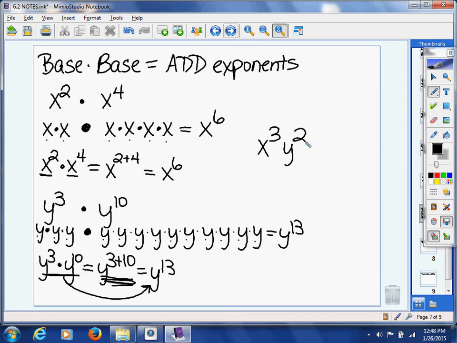You can't use the rule here. Not the same base. You got to leave it alone. There's your answer. It's already simplified. Can't do anything else when they're 2 different variables. Hey, but if they're the same variable, then you can. When you multiply those variables together, you can add those exponents, okay, and simplify it that way.